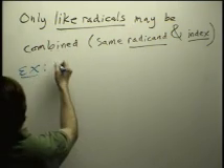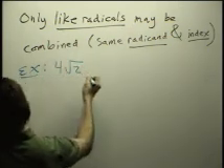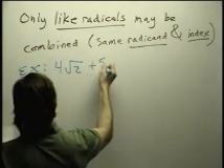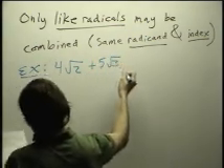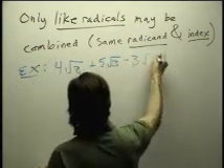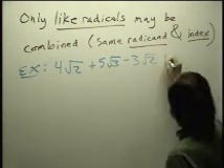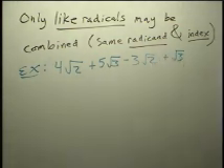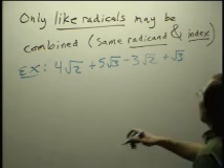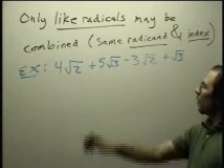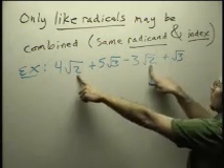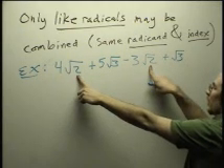Let's see an example. 4 square roots of 2 plus 5 square roots of 3 minus 3 square roots of 2 plus the square root of 3. What's like and what's not like? Well, square root of 2's match up here.